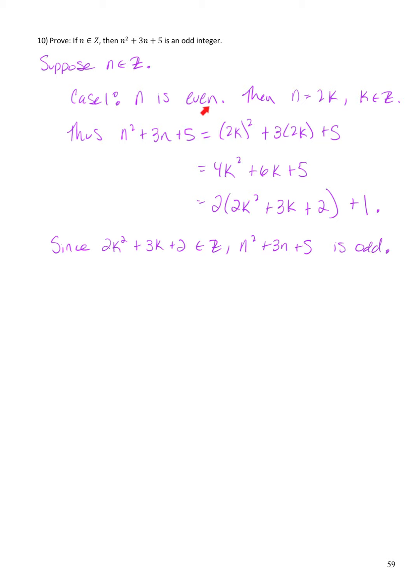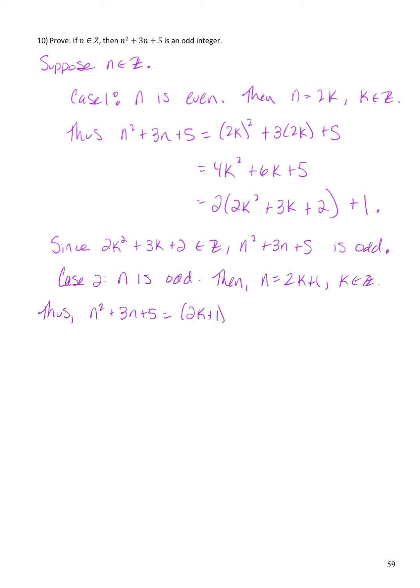But that's only half the integers. My other case is n is odd. And we do a similar argument. n is odd, then n equals 2k plus 1 for some k in Z. Thus, n squared plus 3n plus 5 is (2k plus 1) squared plus 3 times (2k plus 1) plus 5.